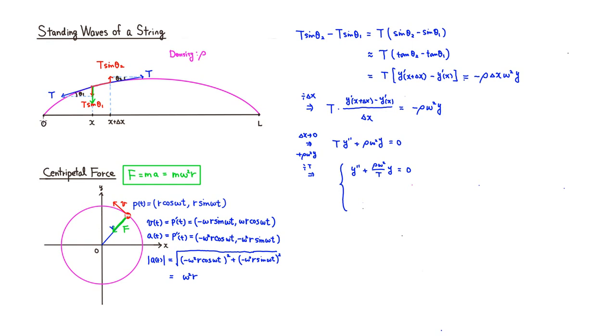Then we can add boundary conditions. Here in the beginning it's 0 and at the end it's also 0, so y of 0 is 0, and y of L is equal to 0. Then you can see that this is a boundary value problem.